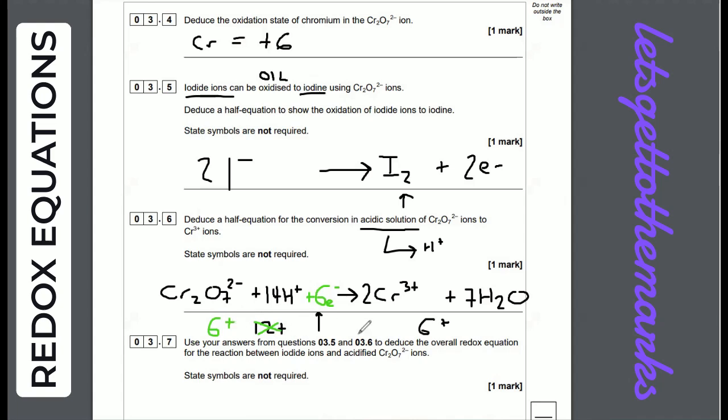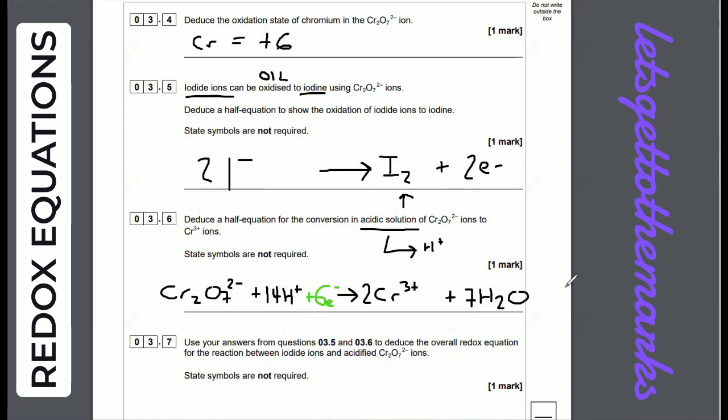That's cool. Now what I need to do is combine the 2 half equations to write an overall equation. So what we're going to do here is we need to realize that I have 6 electrons down here at the bottom, and I have 2 electrons at the top. By using the amount of electrons in each half equation, we can write the overall equation.